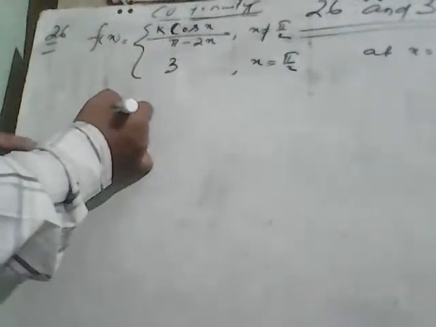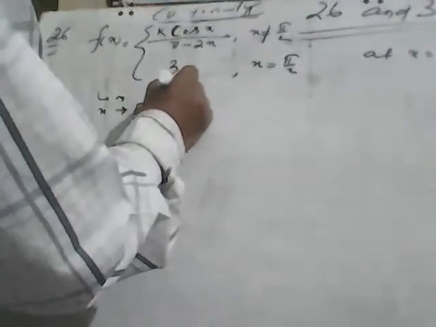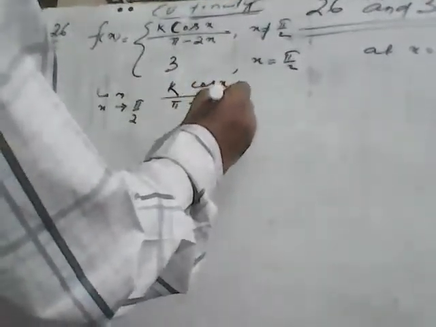Now first you see its limiting value. Limit x approaches pi by 2, k cos x by pi minus 2x.